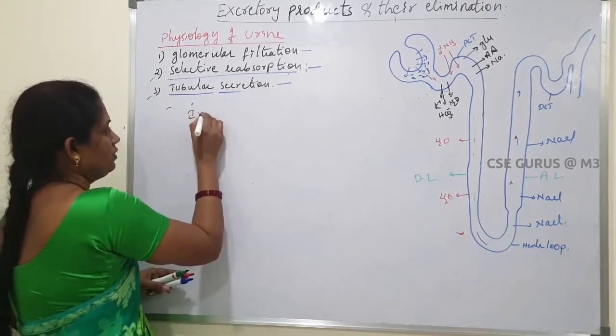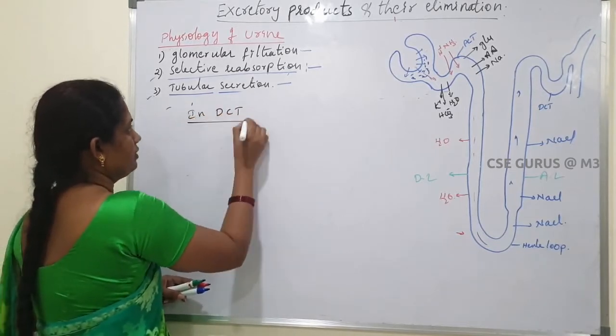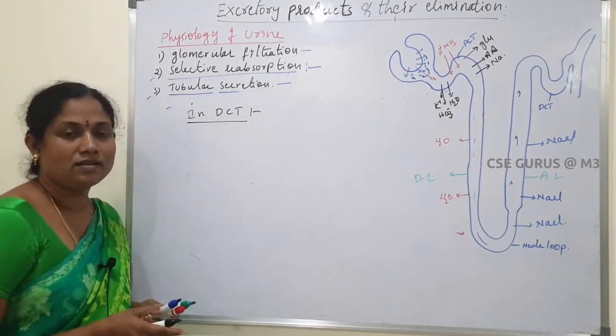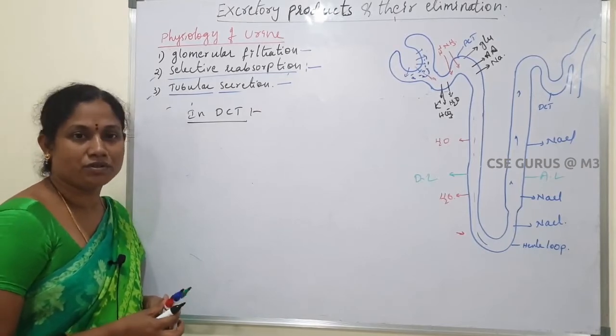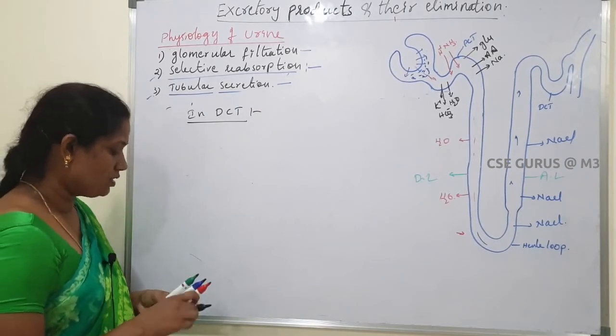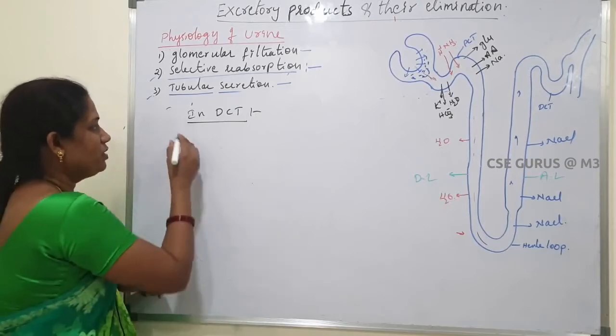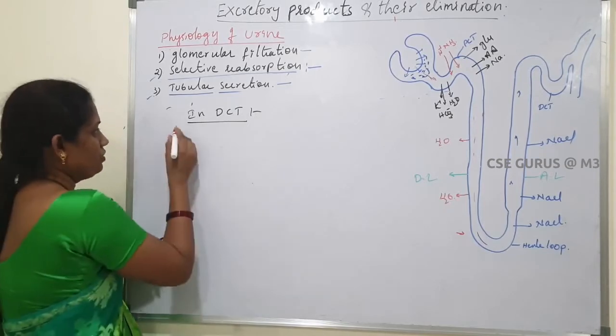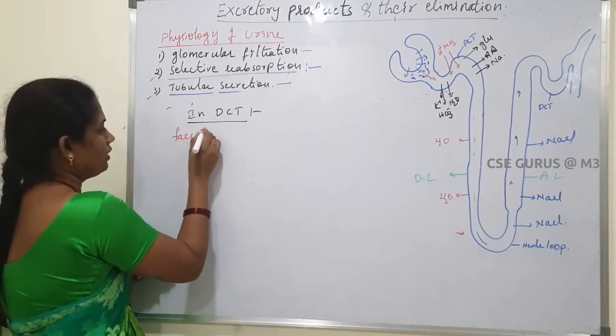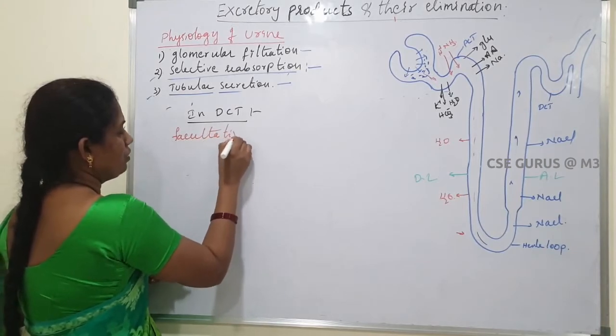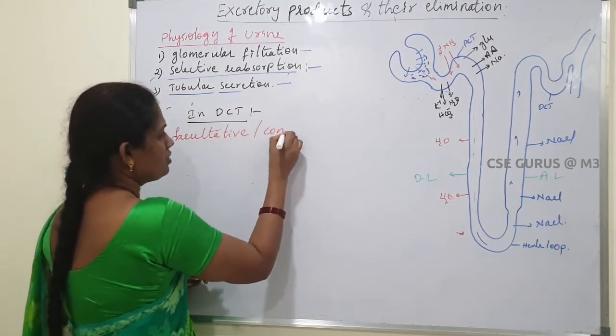Next, in DCT, the distal convoluted tubule, minimum reabsorption also takes place, but this is facultative or conditional reabsorption.